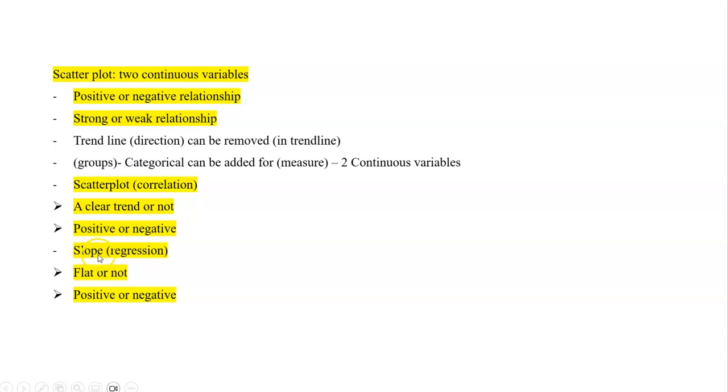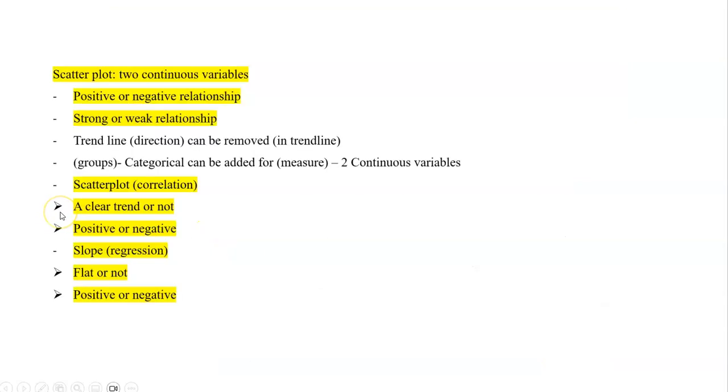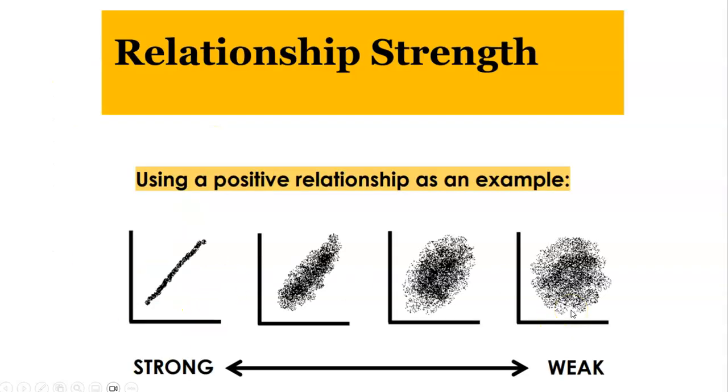And then the slope means that the line is like this one. If the slope is very far away from your x-axis, that means very strong. If it is very parallel with your x-axis, that means the slope is not strong, it is flat, and that indicates the relationship.